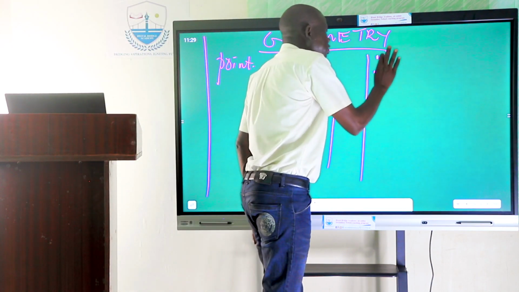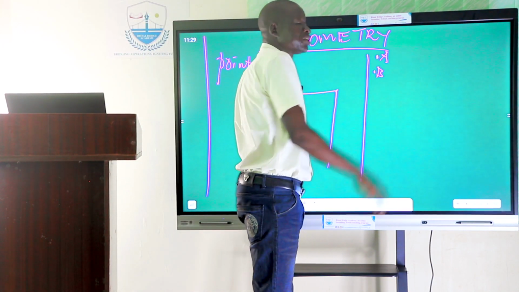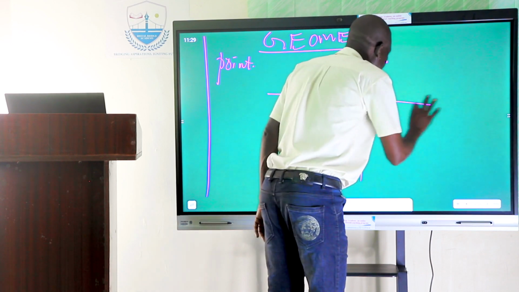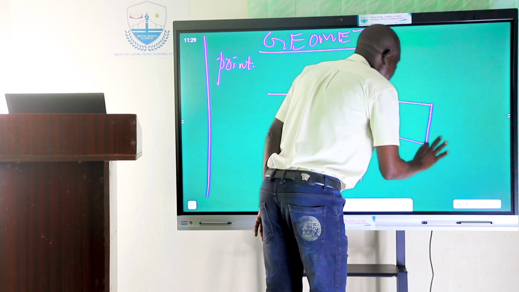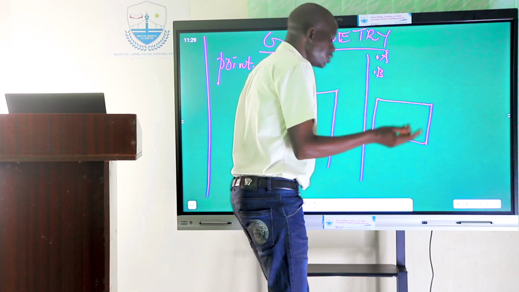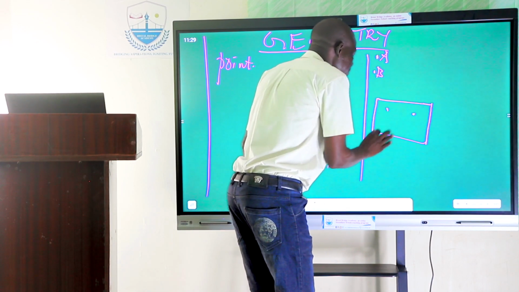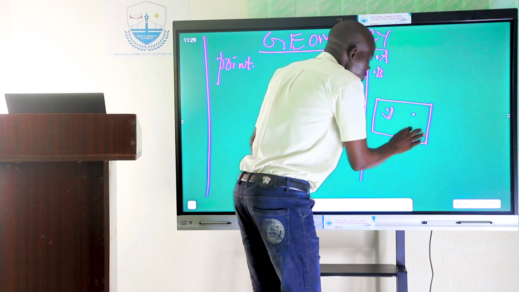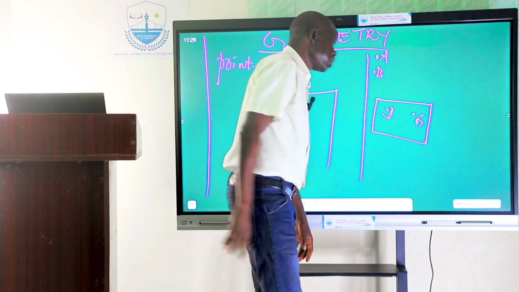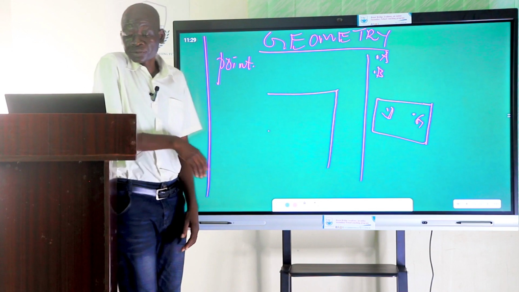I can call it point A, this one I can call it point B. If I have a diagram like this, the diagram consists of different points. I can have a point here, I have a point here, I can call it this one point D, point G, and so on and so forth.